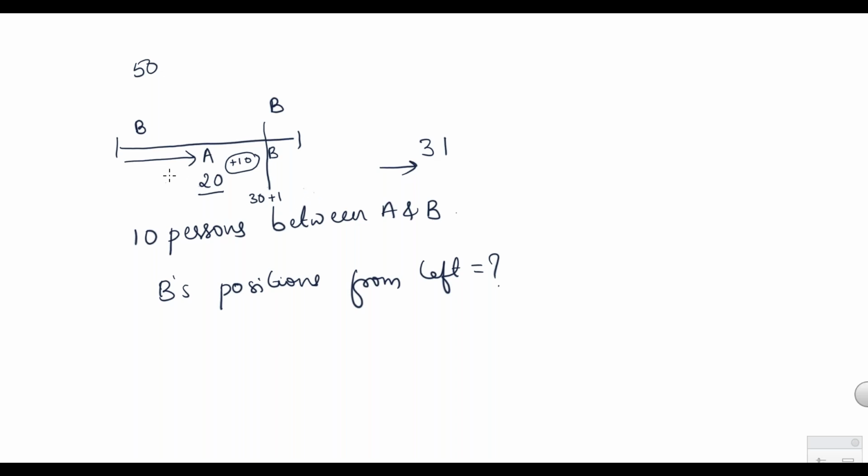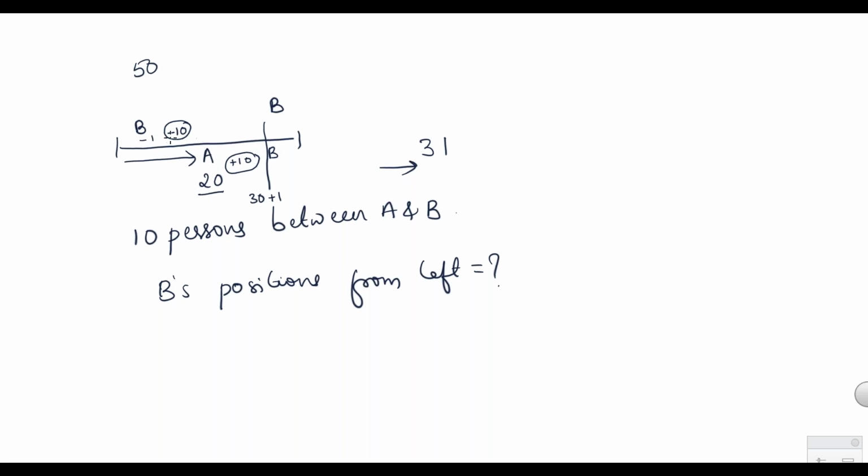Clear? So one more case I'll take. Assume that B is this side. Now if I'm taking B to the left of A, I have to take minus 10. So 20 minus 10. When I subtract these 10 people, I'm subtracting the people who are in the middle of A and B from A. Now I have to subtract B also.